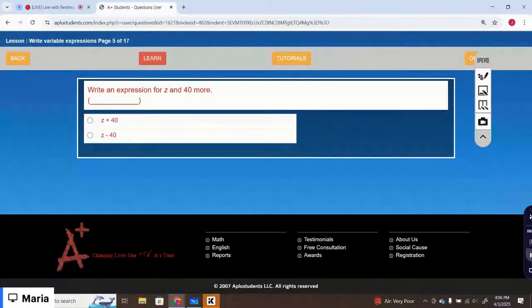Write an expression for z and 40 more. So which is the correct option? That is Z plus 40. Option number one is the correct option.